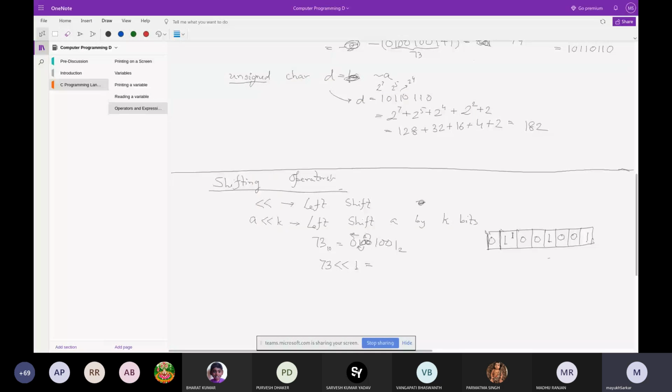Everyone will be shifted left by 1 bit, whereas this 0 will go out. So if you left shift, you will get 1 0 0 1 0 0 1. Now this cell will be empty and 0 will come in. So the result of left shifting 73 by 1 bit will be 1 0 0 1 0 0 1 0.